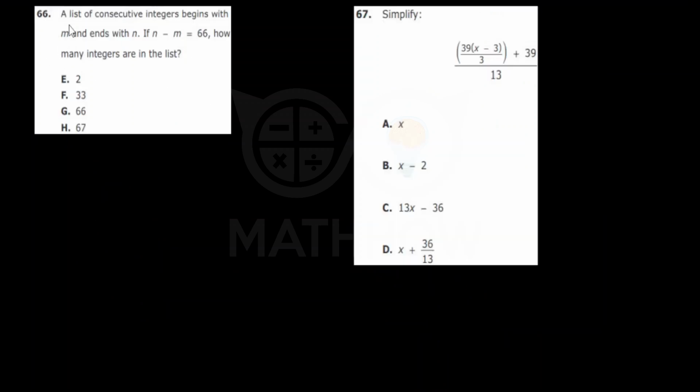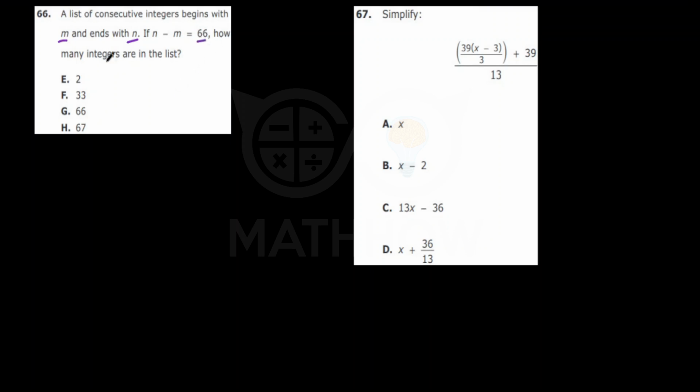Question number 66. A list of consecutive integers begins with m and ends with n. The greater integer is n and the smallest integer in the list is m. When the smallest integer is subtracted from the largest integer in the list, the answer is 66.